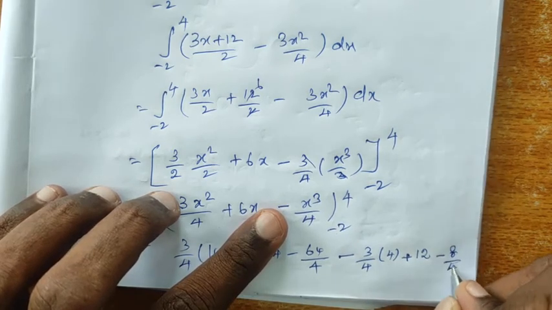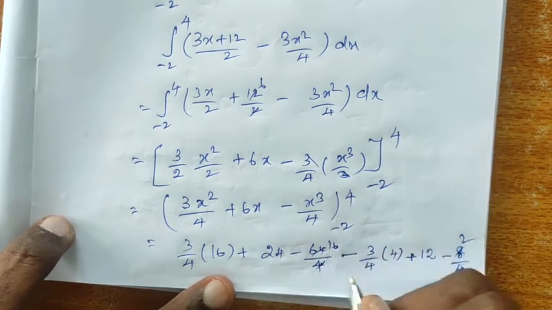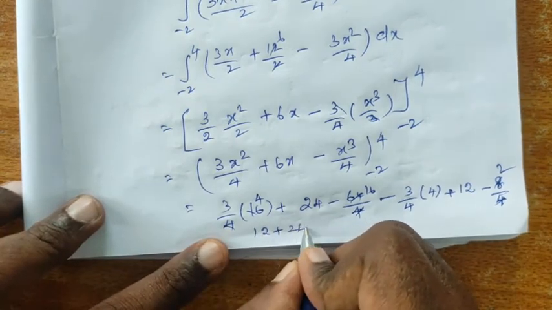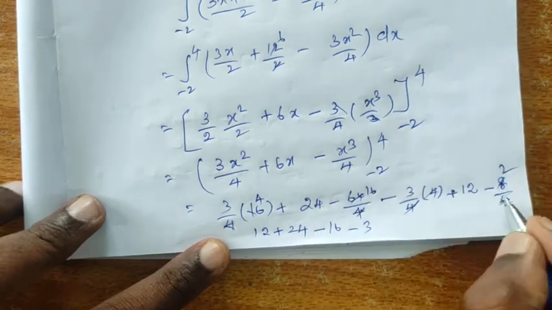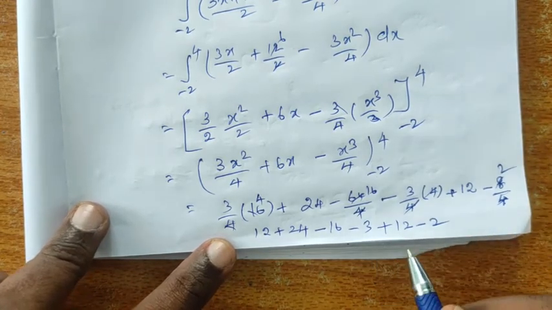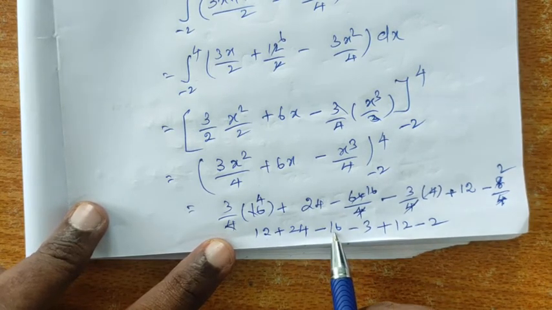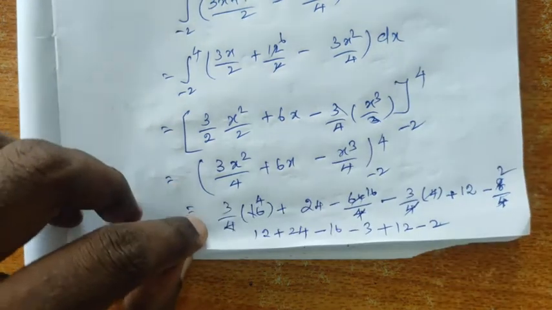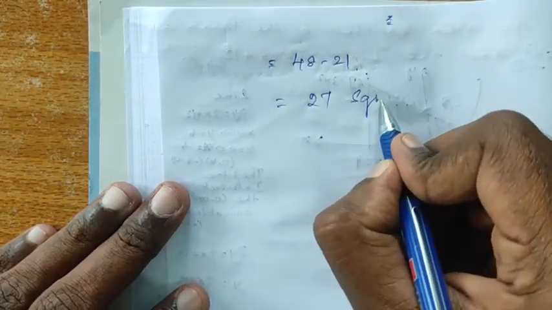So minus 8 by 4 is minus 2, 64 by 4 is 16. So now we have 3 into 4, 12 plus 24 minus 16, minus 3 plus 12 minus 2. So 12 plus 24 plus 12, 48 minus 16 minus 3 minus 2 is minus 21. So 48 minus 21 is equal to 27 square units.